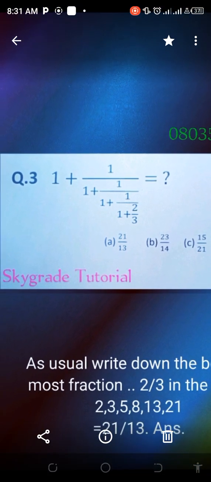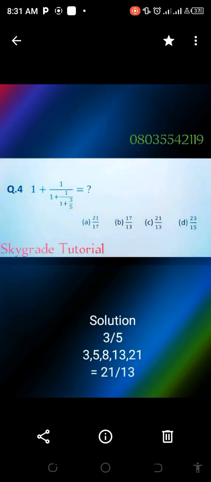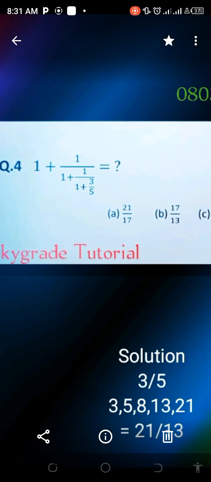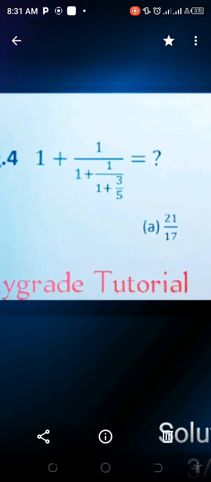If there's no question, let's take the next example. Yes, this is example 4. You see, evaluate 1 plus 1 over 1 plus 1 over 1 whole number 3 over what? 5.